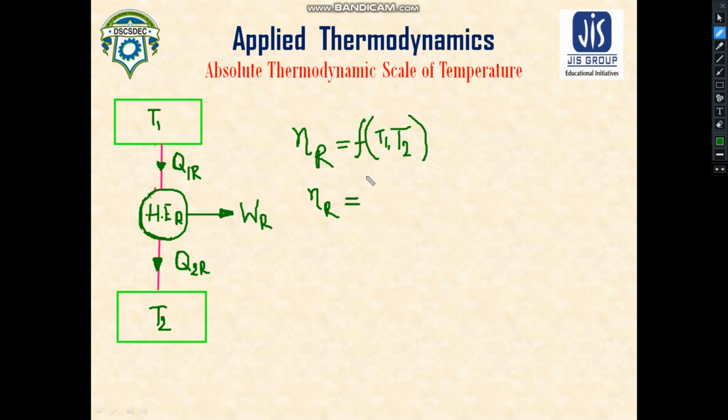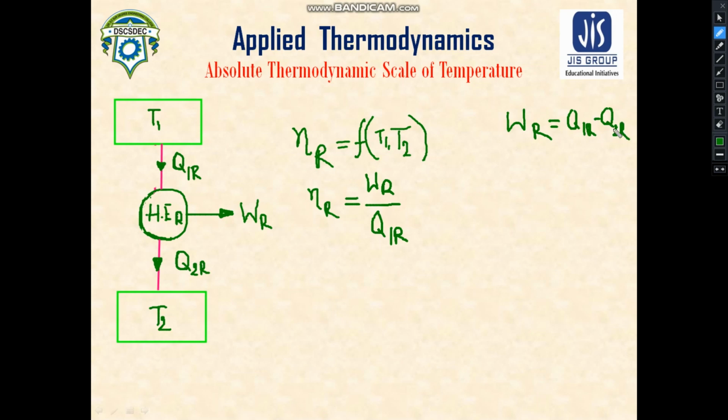So this is your output here, the work done by the reversible engine, WR, and this is your heat input here, Q1R. And if you follow the energy conservation principle, then WR is equal to Q1R minus Q2R.